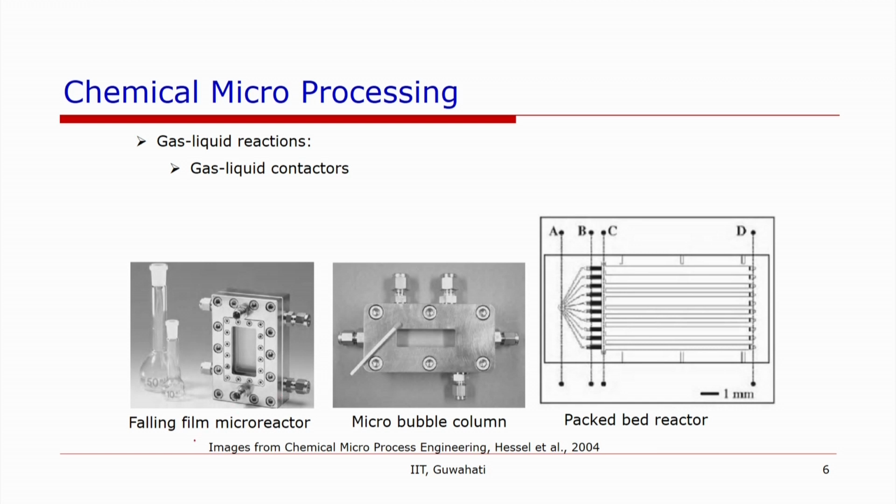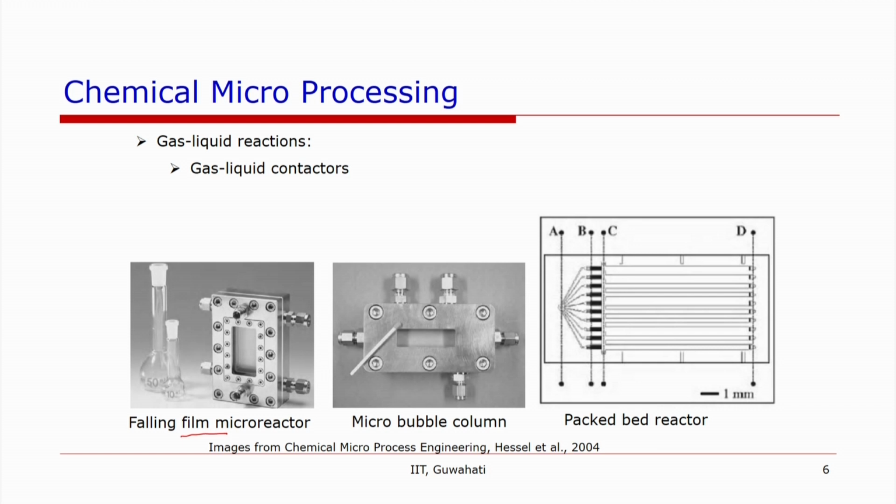The first one is the falling film microreactor, where the liquid film falls on the wall of the channel and the gas comes between the two plates, and the interface between the gas and liquid provides the contact area for the mass transfer between the gas and liquid phases.